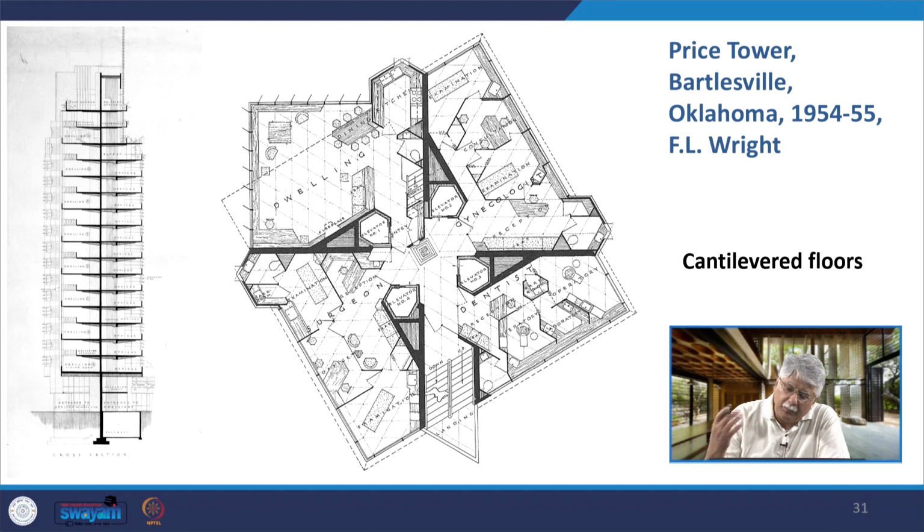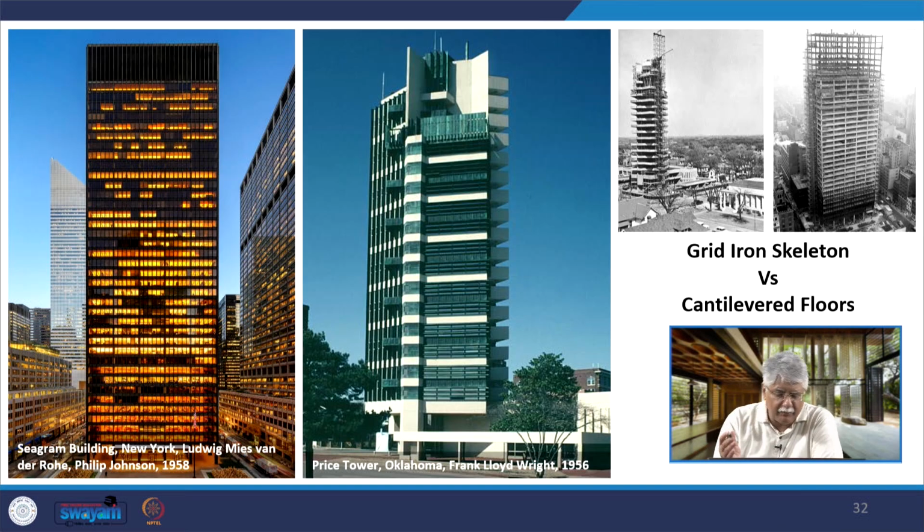So we have the Price Tower in Bartlesville in Oklahoma, in which each floor is cantilevered. And so the difference between the two concepts, both around the same time, we have the Seagram building, which became the very summa of what a steel building in the 20th century would be, the gridiron skeleton moment frame by Mies van der Rohe, and parallelly about the same time came the Price Tower.